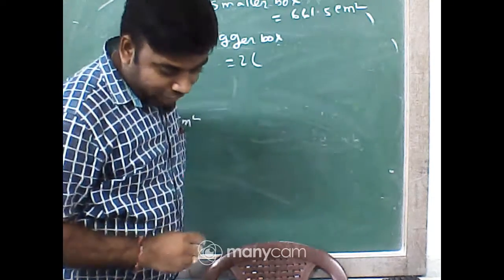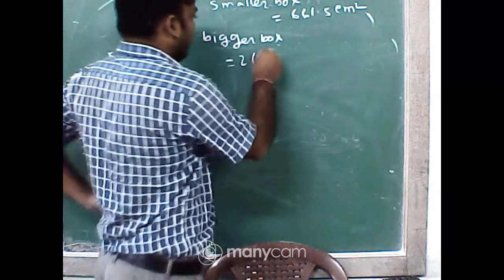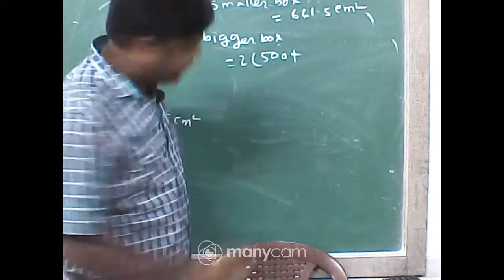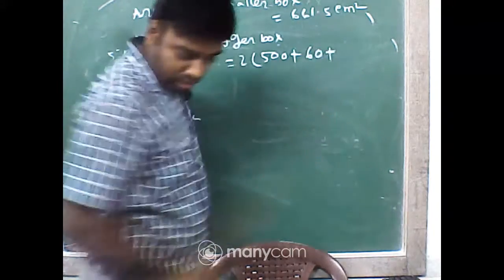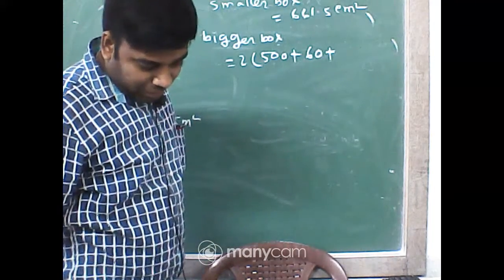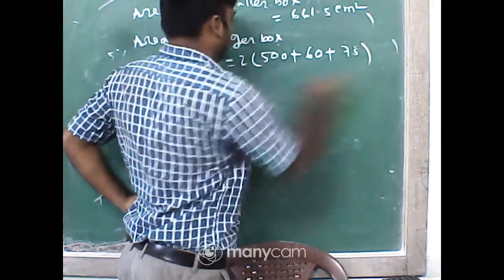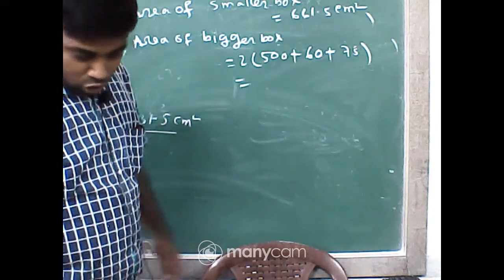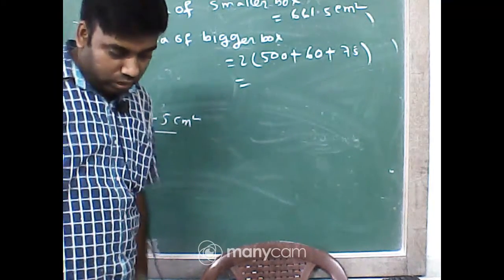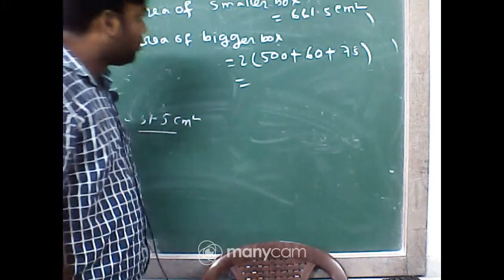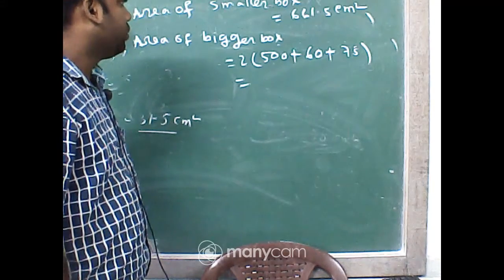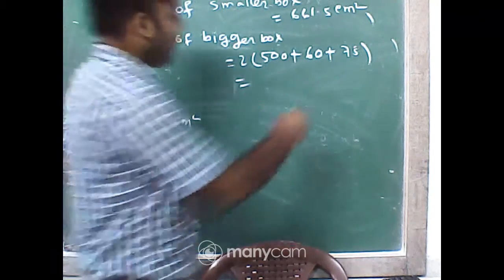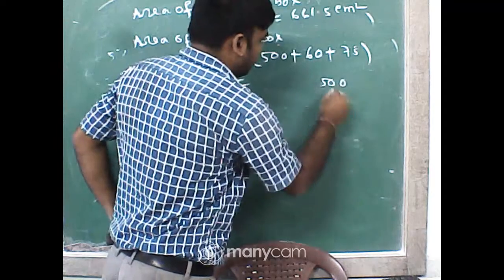LB means 25 into 20, that is 500, plus BH, BH means 60, plus HL, HL means 75. So you will get 500 plus 560 plus 75.